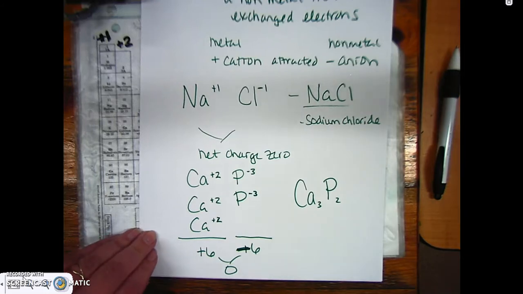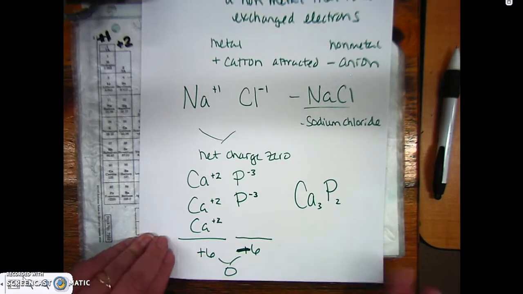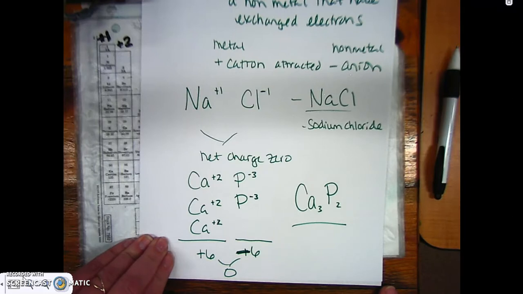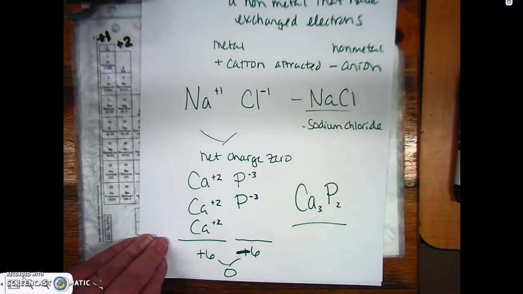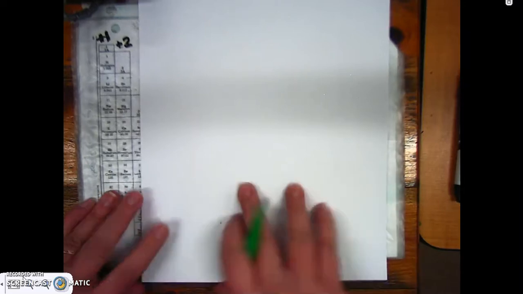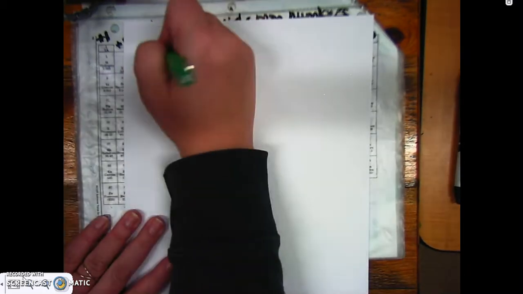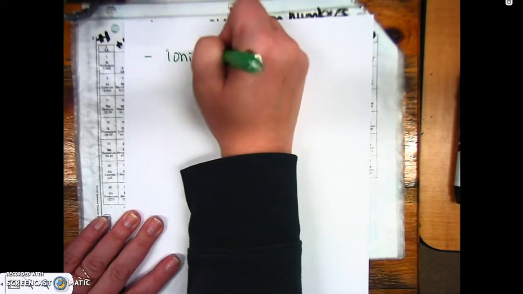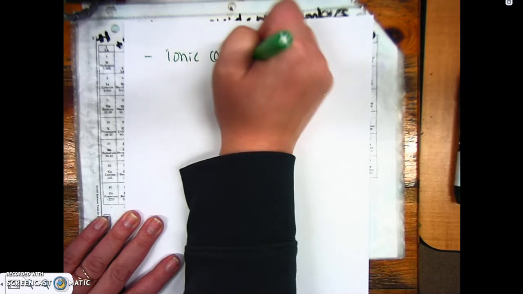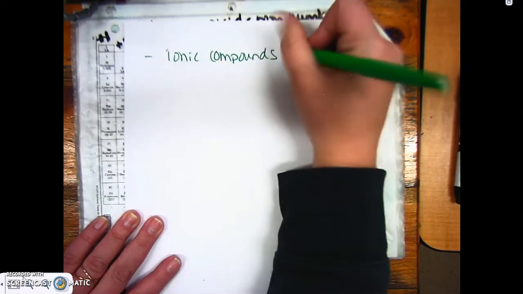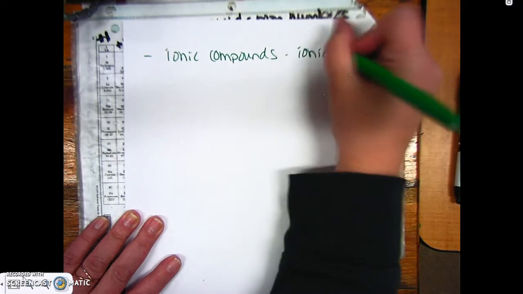All right, so then let's talk a little bit about the behavior and some of the properties of these different kinds of ionic compounds. When those positively charged cations and negatively charged anions come together, we call them ionic compounds that are formed by ionic bonds.